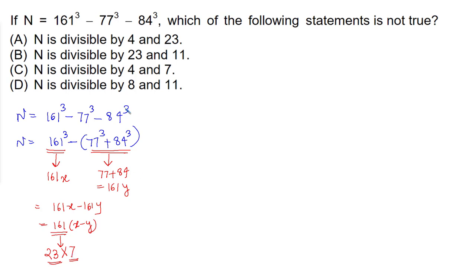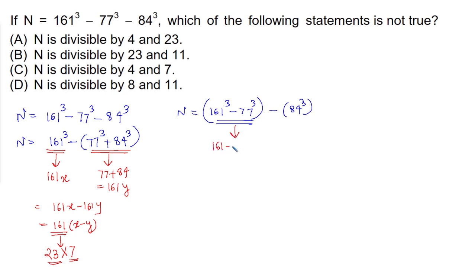Can we find a few more factors? Let's try. Can we write n is equal to 161 cube minus 77 cube in a bracket, minus 84 cube in a bracket? So over here a to the power n minus b to the power n is always divisible by a minus b.